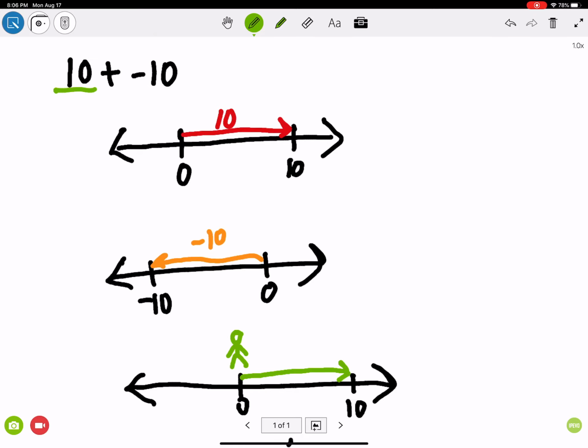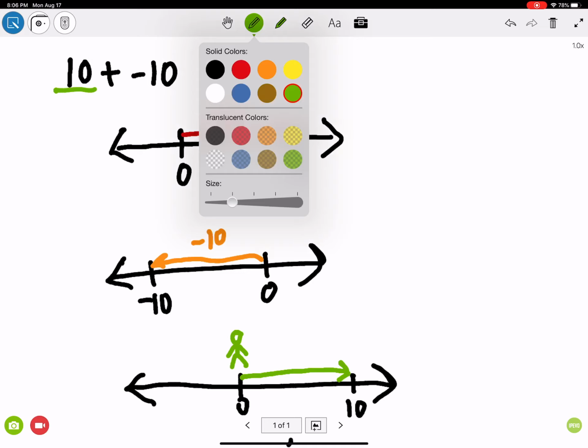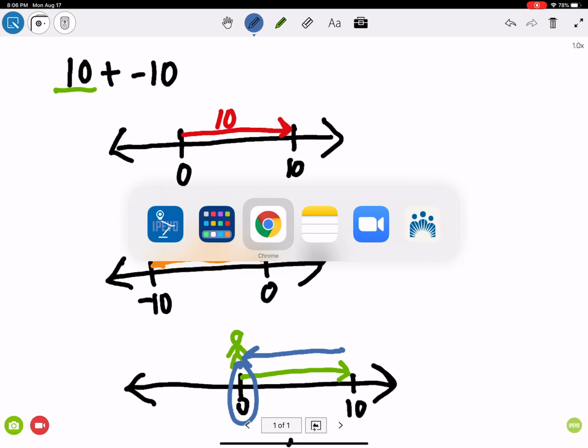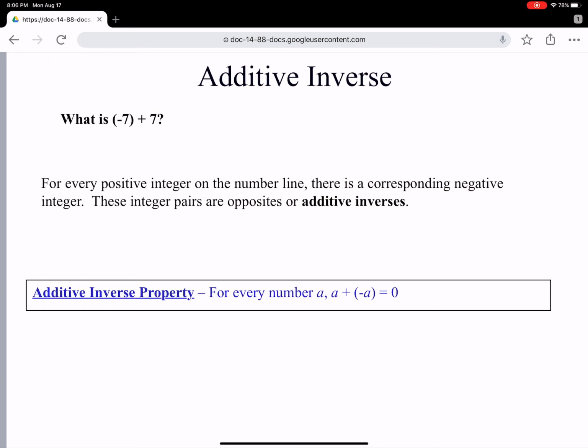And then I'm going to have to turn around because I'm adding negative 10, and I'm going to go in the opposite direction. So now I'm going to go back 10 spaces again, and I'm going to end up back at 0. So that's the additive inverse property. A number plus its opposite is 0.